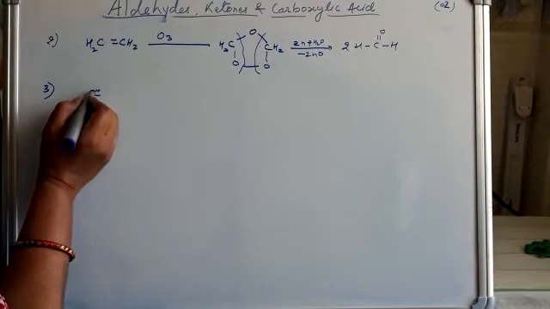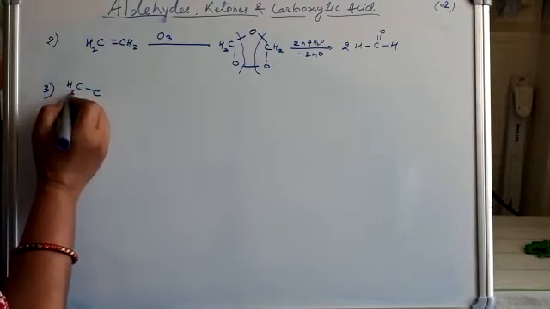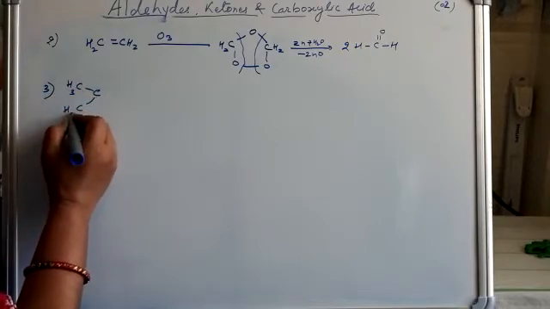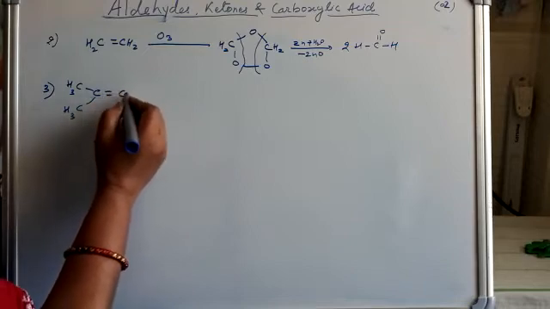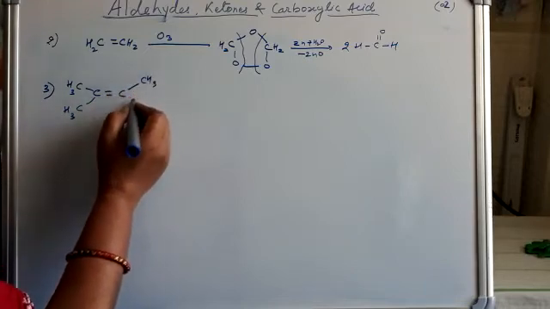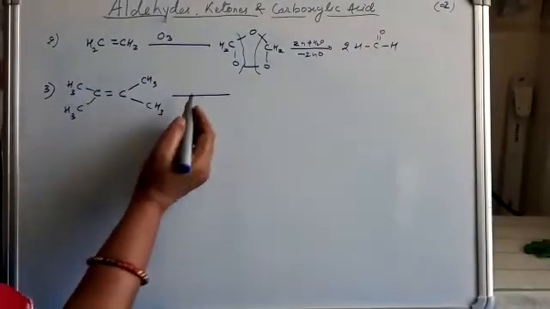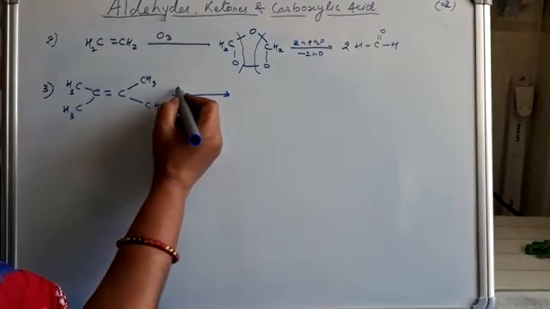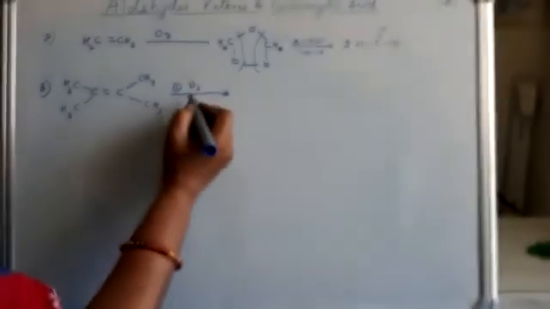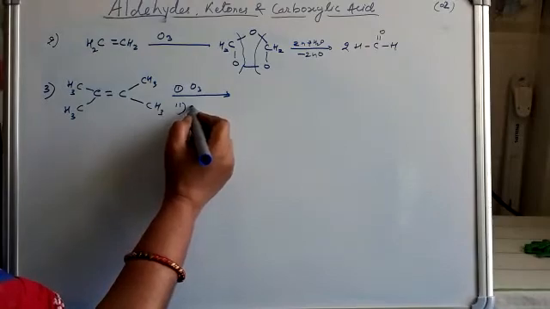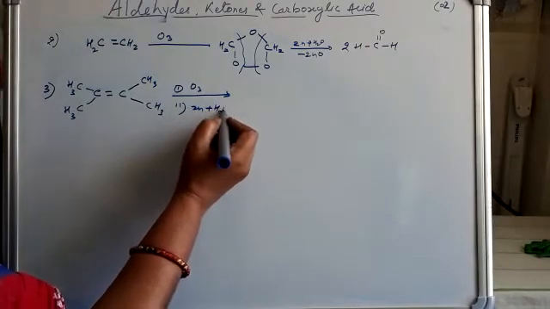Ketone is also prepared by this method. If we take 2,3-dimethyl-2-butene, it undergoes at first ozone and second zinc plus H2O.